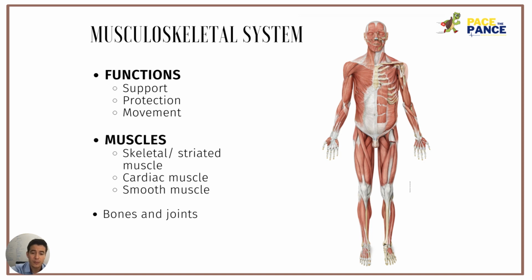Examples we said earlier: proximal, distal, medial, lateral, sagittal, coronal, etc. So the musculoskeletal system has various functions to support, protect, and provide movement. Muscles can be skeletal, cardiac, or smooth. We're focusing mainly on skeletal muscle. If we talk about cardiac myocytes, we can talk about cardiac muscle. If we're talking about GI, we can talk about smooth muscle. And the musculoskeletal system is also made up of bones and joints.